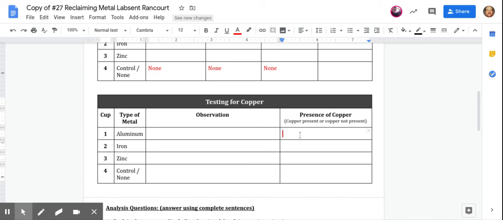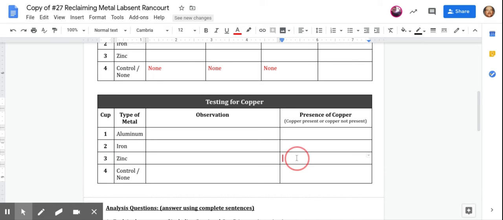You'll know if there's copper in the aluminum, the iron, or the zinc washer because it'll turn blue. And by blue, I mean a royal blue, almost like the color of the share button right here, okay? You're going to notice that there's probably only one metal, hint, hint, that has copper in it, and you'll notice because it'll have a really blue color.